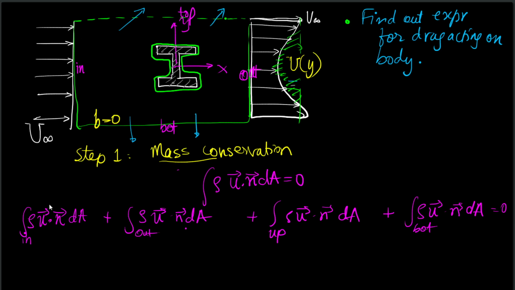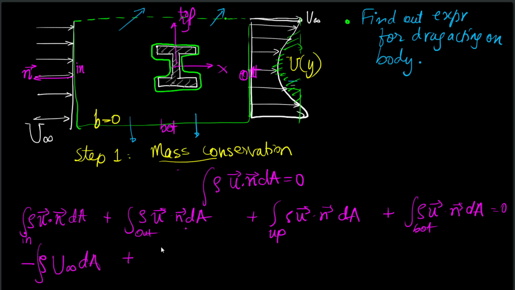Now at the inlet, u infinity is in this direction, n vector is in this direction, so u dot n will be minus, and this will be minus rho u infinity, or let us keep it in this integral form.